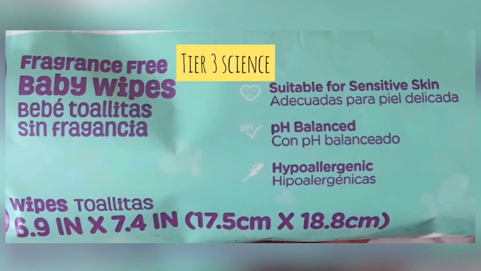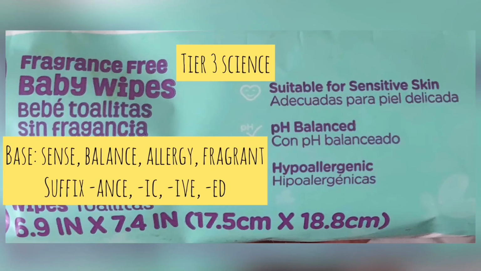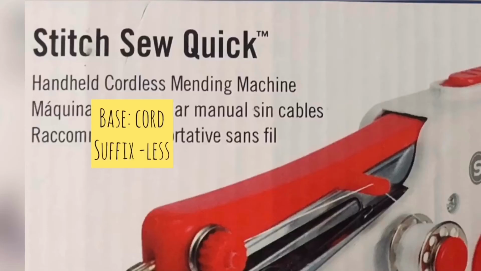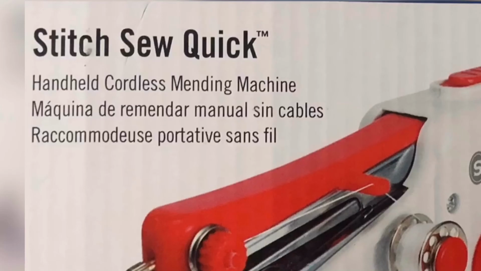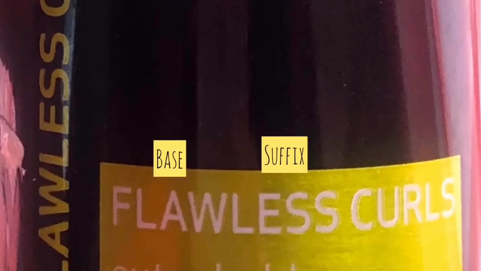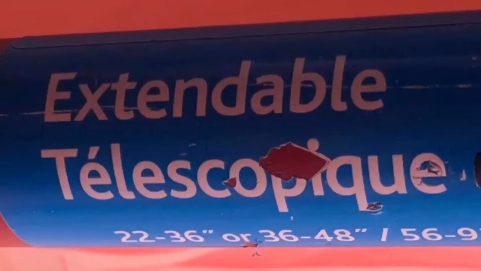These baby wipes have a lot of vocabulary, tier 3 science words, and a lot of base words and suffixes. Here we found cordless, cord being the base word. Finally has ly as a suffix. Here we have the base flaw and the suffix less. Base word extend and able suffix.